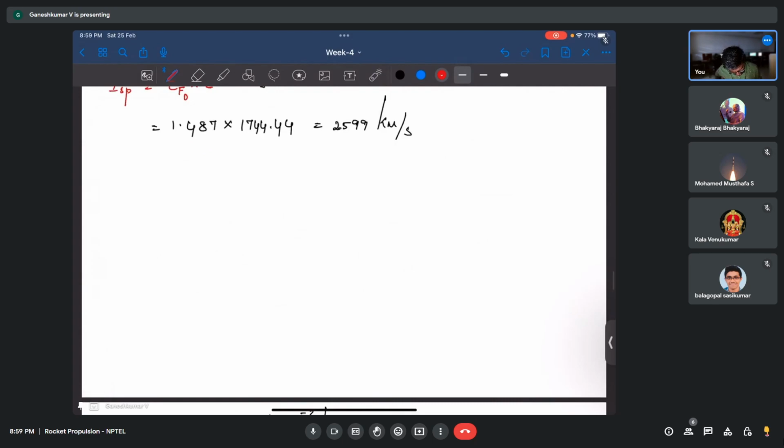What is the divergence loss coefficient relation? Are you able to recall? It has something to do with cos alpha, cos alpha by 2.